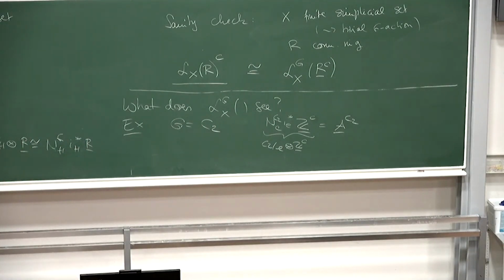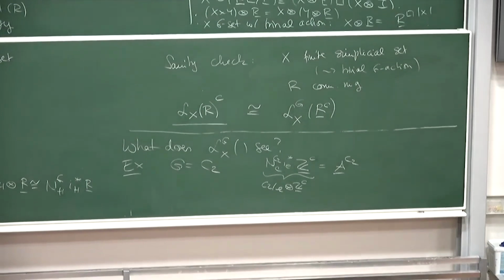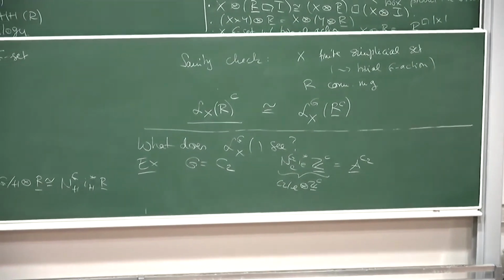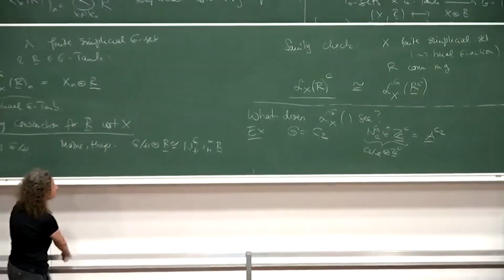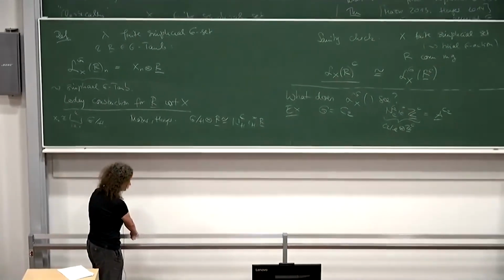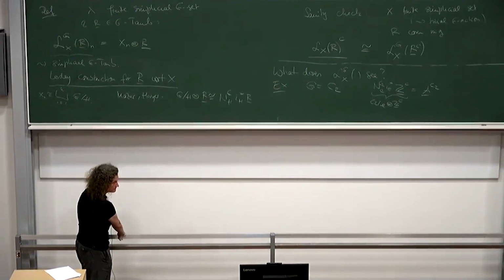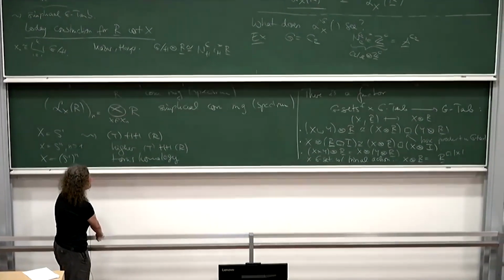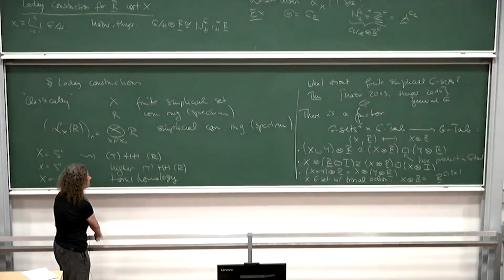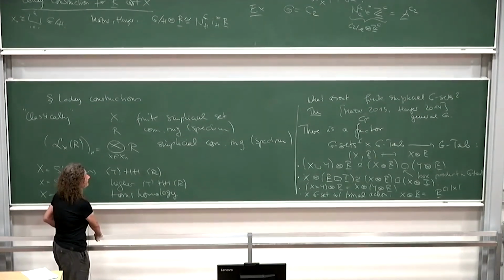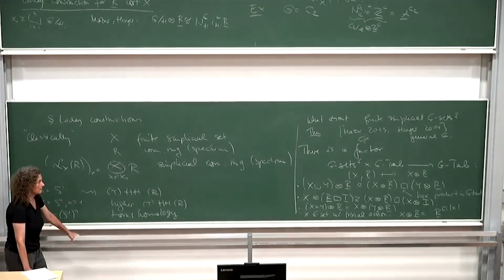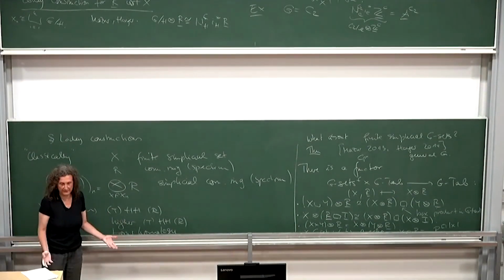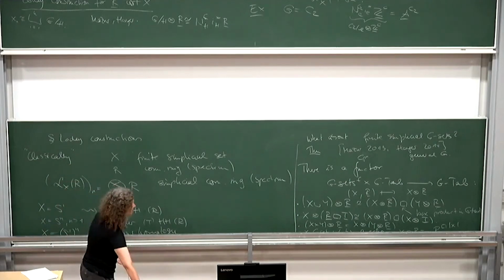And if you have this behavior, you get that for a group of order 2, either you have a fixed point or you don't.